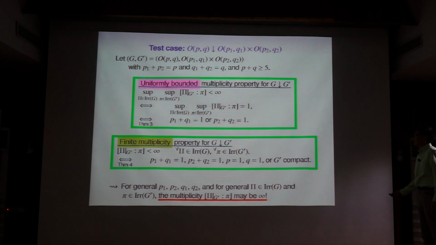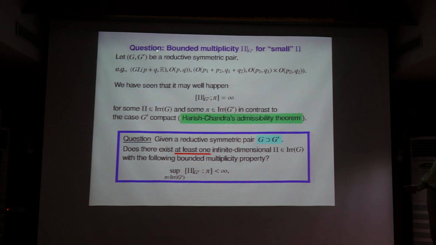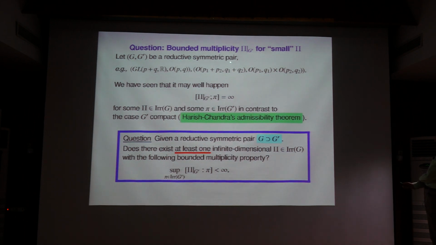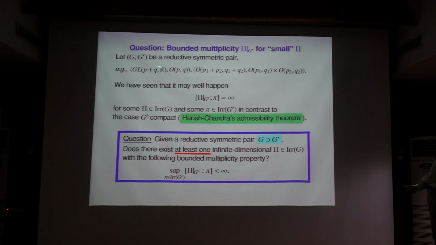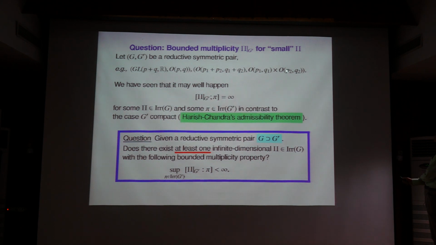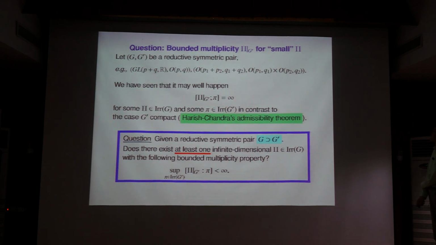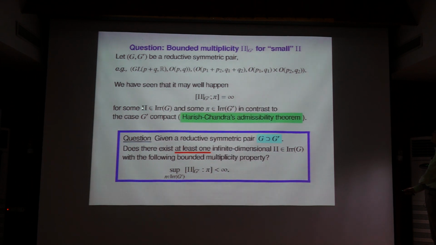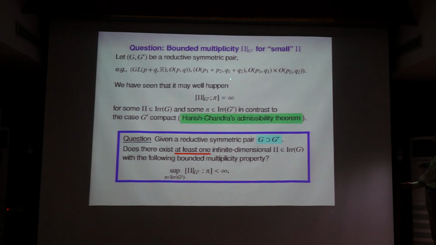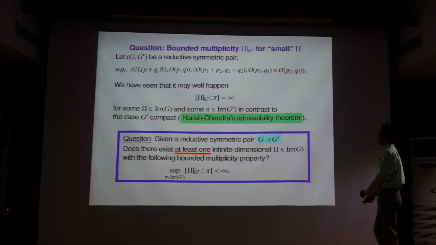So we ask ourselves the following question. Back to the setting of G and G prime, suppose that this is a reductive symmetric pair, like we saw, the pair GLn to On or O(p,q) to O(p) times O(q), but in a non-compact setting. Then we have many parameters. Then as we saw, it may happen that multiplicity is infinite, even if we take irreducible representations in both cases, and even though this subgroup is a maximal subgroup of Z, still multiplicity may be infinite.